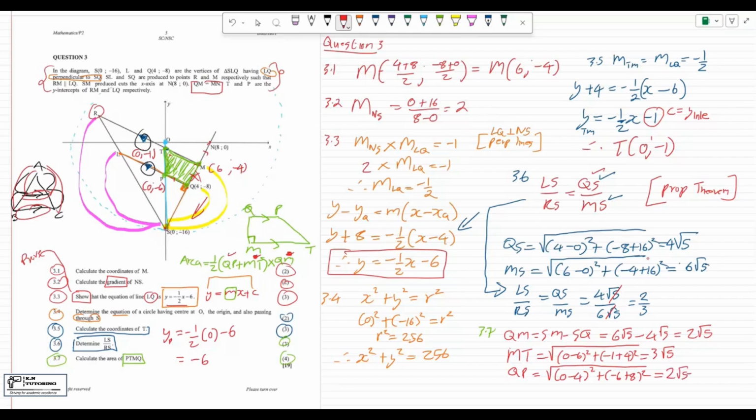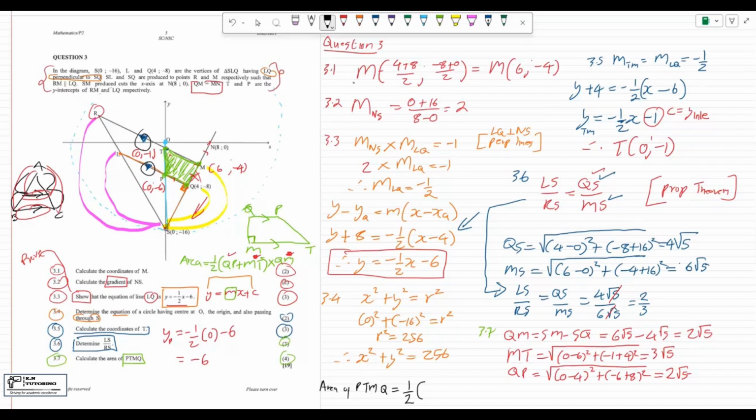Okay, so now that I have all that, I can say my area of trapezium PTMQ is going to be half of the parallel sides.